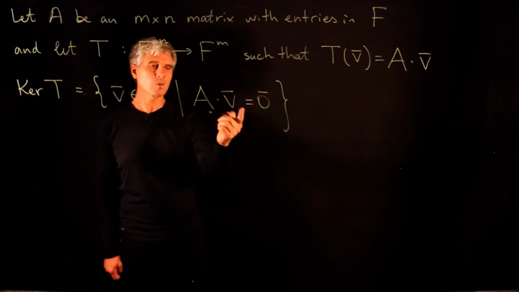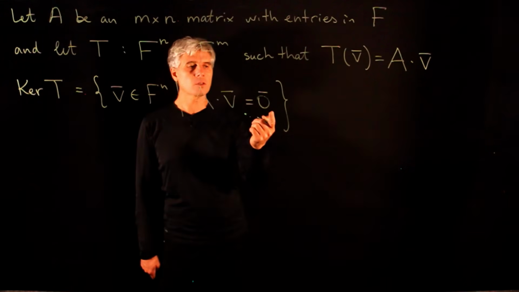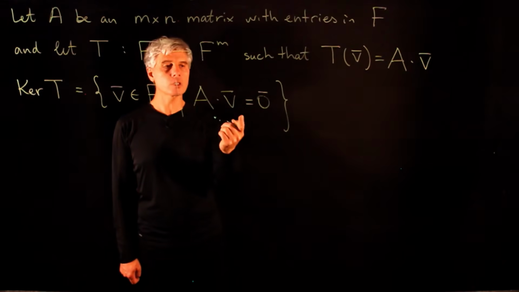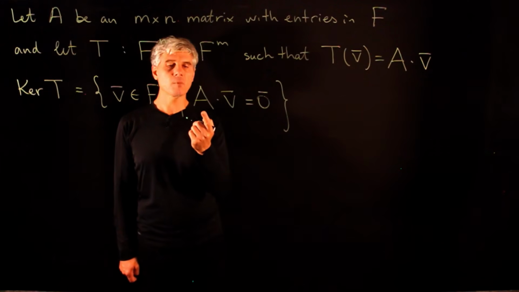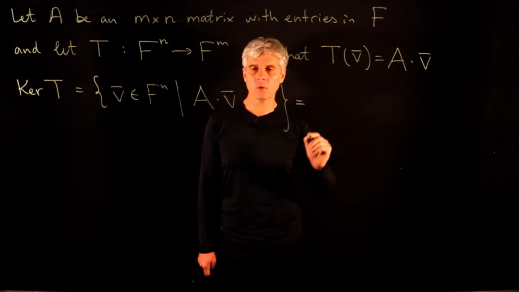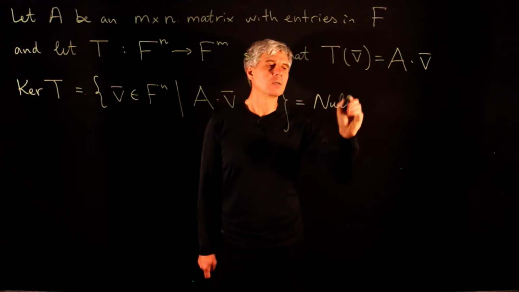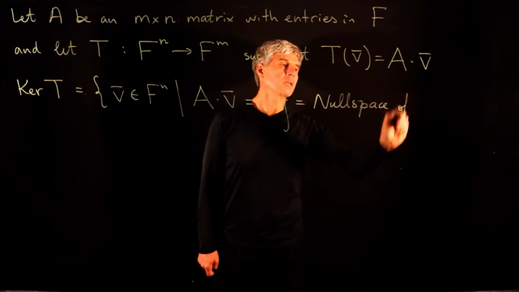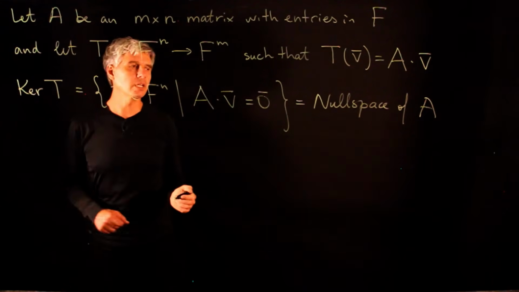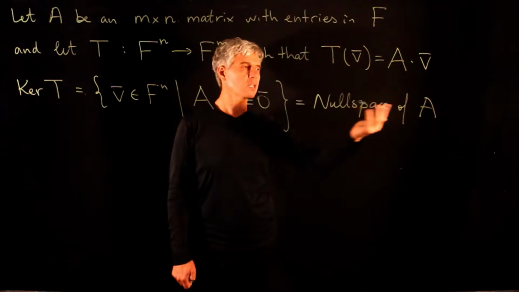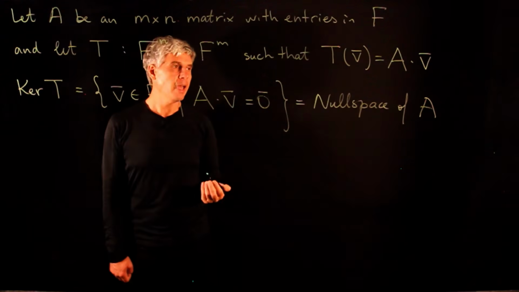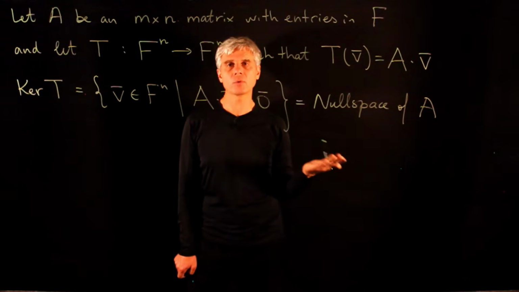This is the set of vectors that are transformed into a zero vector. In other words, this is the set of solutions of a homogeneous system of linear equations with matrix A. And this is called the null space of A. So in this interpretation, the kernel of a linear transformation is just the null space of this matrix, the solution set of a homogeneous system with matrix A.